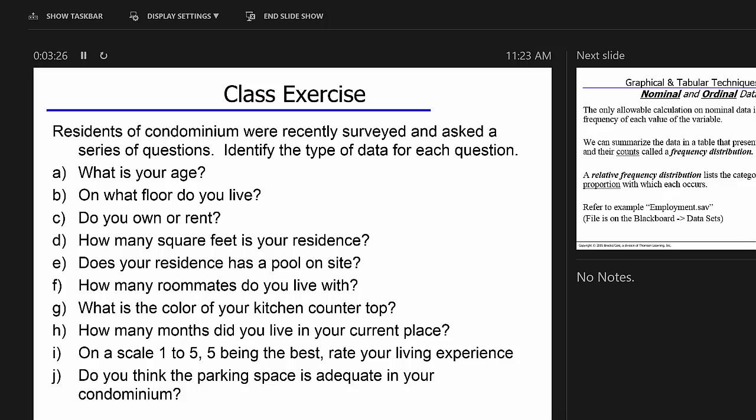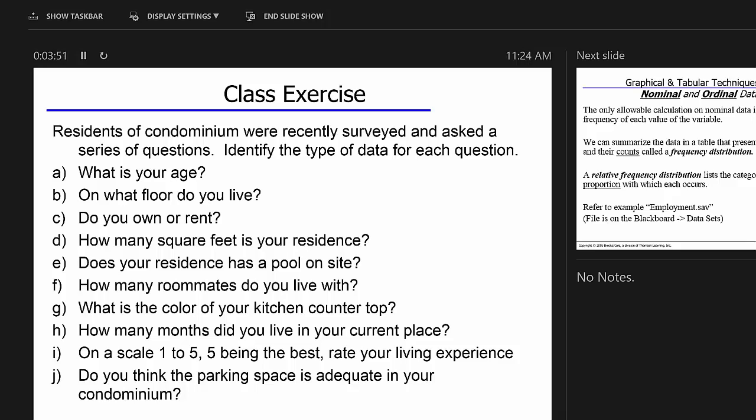Answers are 1, yes it does, 2, no it doesn't. Nominal or ordinal? Nominal probably, because it's not a clear-cut case whether it's good to have a pool or not. Most people probably say a pool is good, but there are people who hate pools, because children are always screaming and all that stuff. So therefore it's probably nominal.